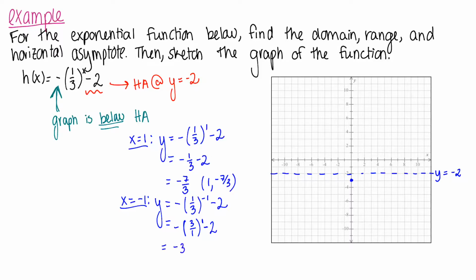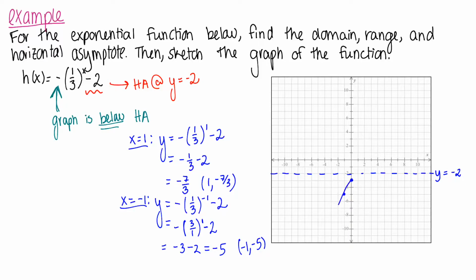So here you just have negative 3 minus 2, which is negative 5. So you'd have the point negative 1, negative 5, which is a nicer point, right? So negative 1, negative 5, that's right down there.